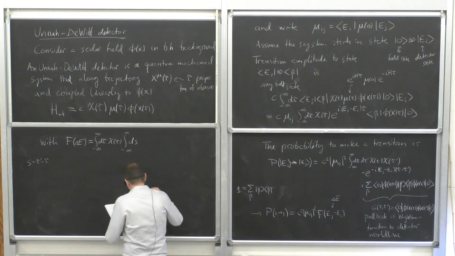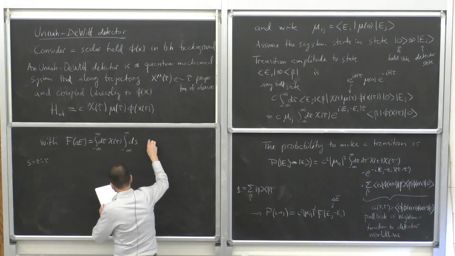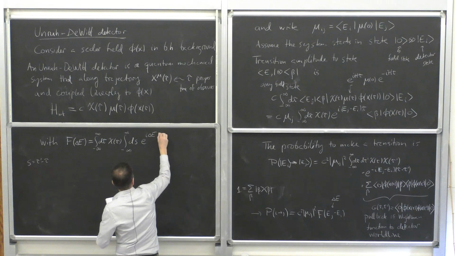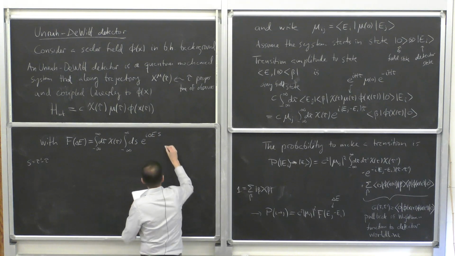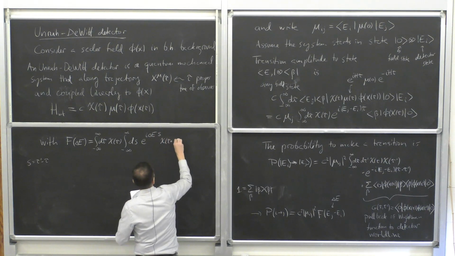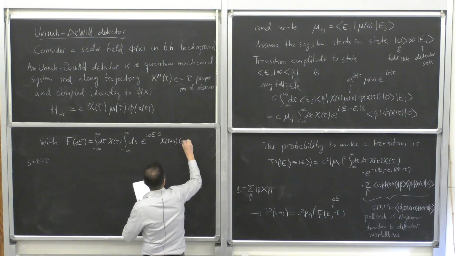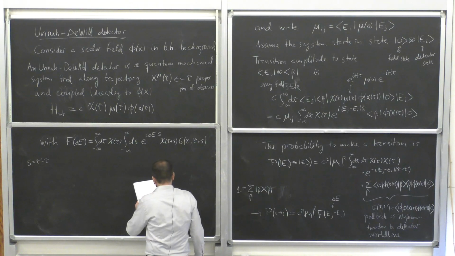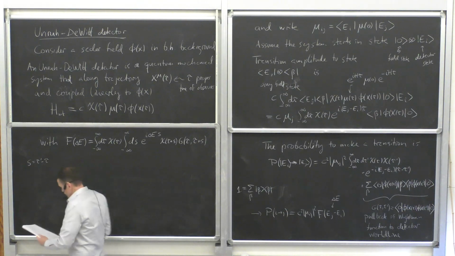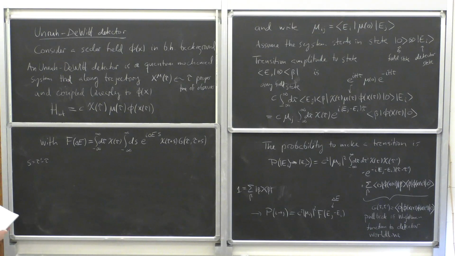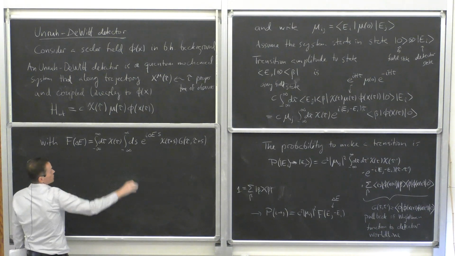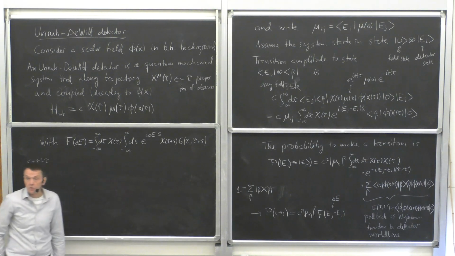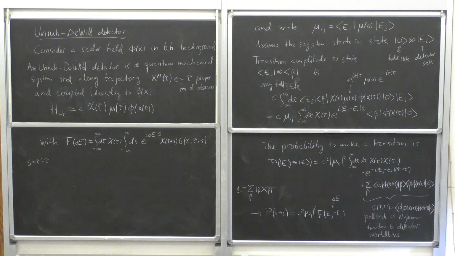And then I will have e to the i delta E times s, chi of tau plus s, g of tau plus s, where that's the Wightman function, or the pullback. And the point is that this here is independent of the details of the detector. It involves the switching function and the correlation function of the field. So we've separated out the detector.